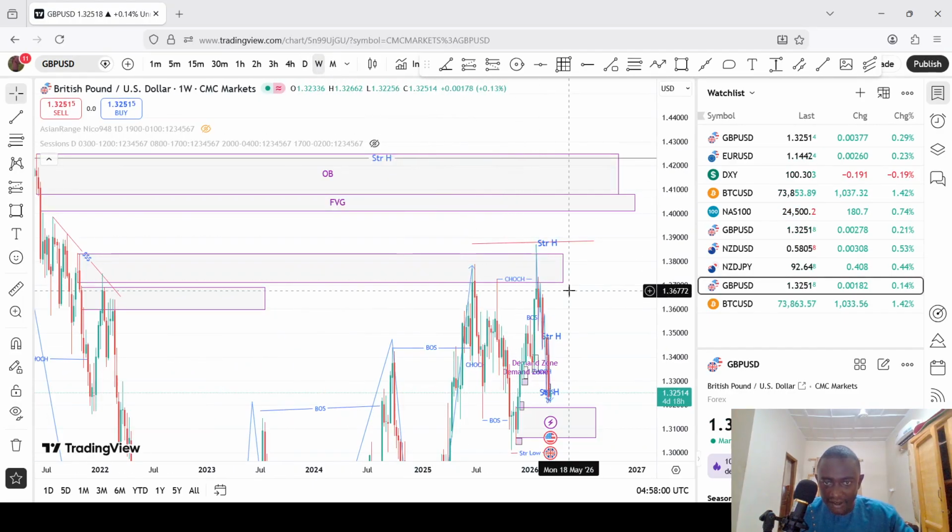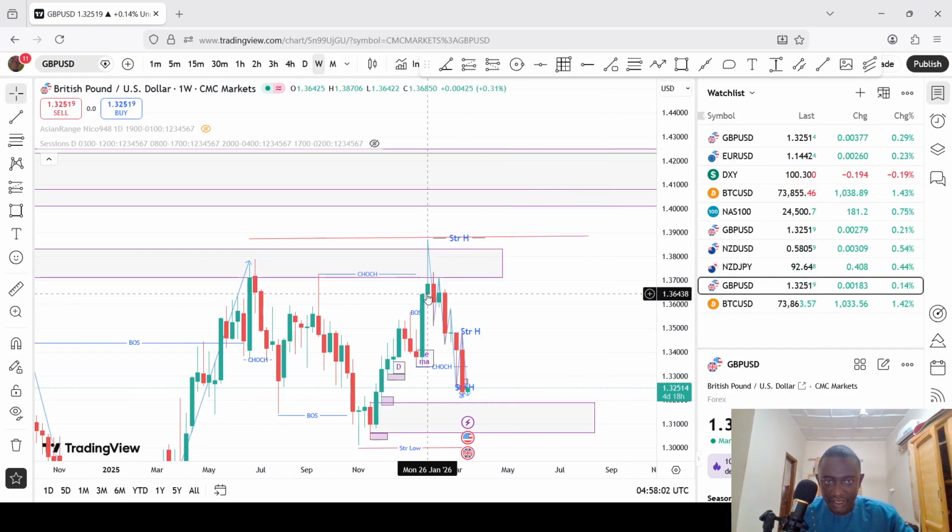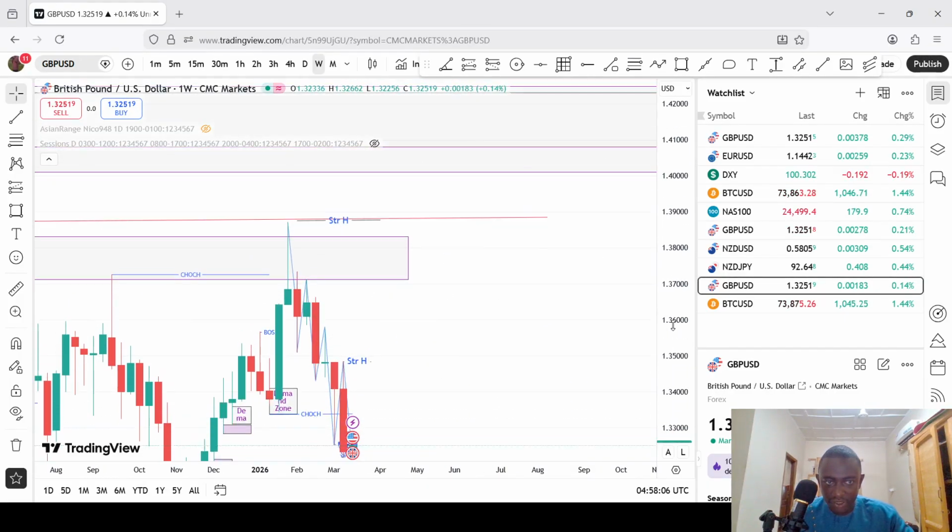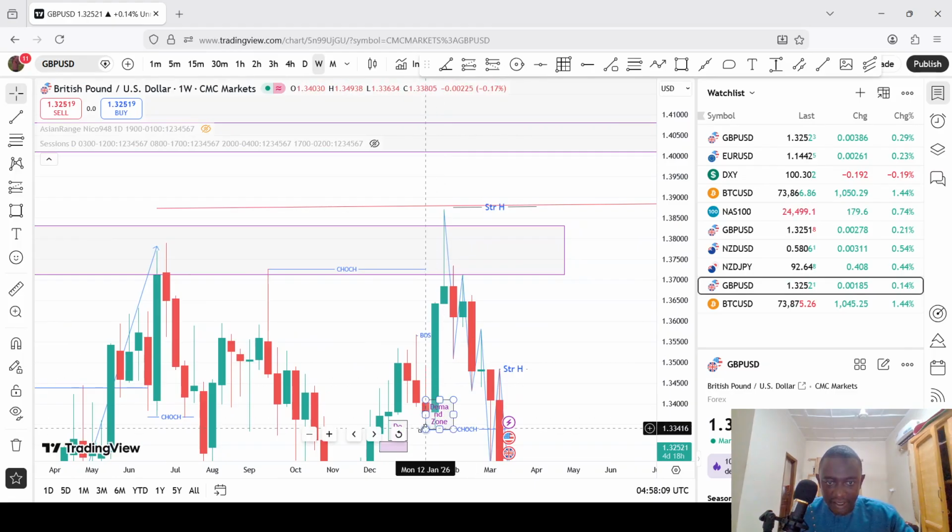We saw that the candle did not close. The candle closed here. Let me zoom it more. When price closed here, it started around this session, that it moved that high all the way through this other block.